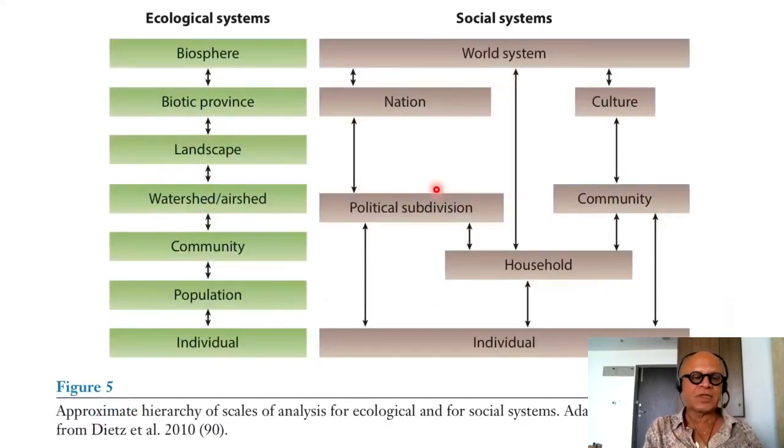Okay, the approximate hierarchy of scales of analysis for ecological and for social systems includes the ecological systems in terms of biosphere, biotic province, landscape, watershed, airshed, community, population, down to individuals. And the social systems have the global system and the individual at two ends, with households, political subdivisions, and nations, and of course communities and cultures, with each one feeding back to each other.